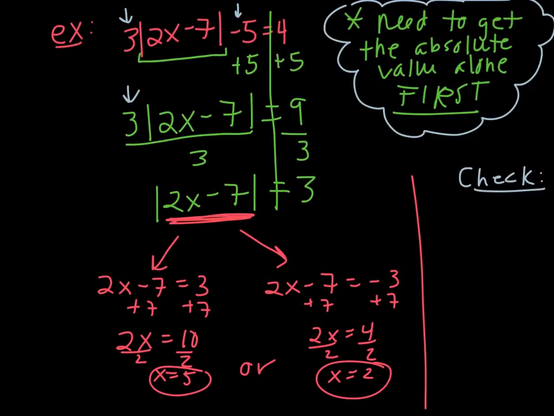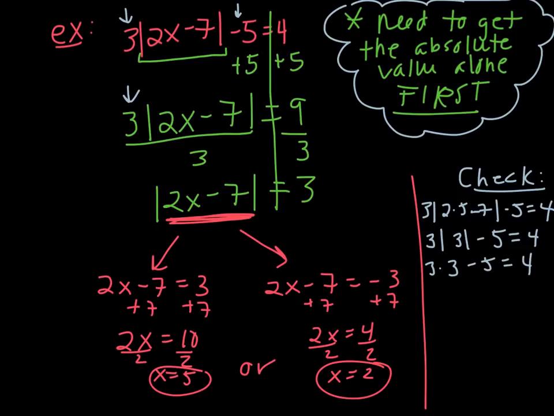So if I plug in 5 to the original equation, I get 3 times the absolute value of 2 times 5 minus 7, minus 5 equals 4. Inside the absolute value, I get 10 minus 7, which is 3. The absolute value of 3 is 3. So I get 9 minus 5 equals 4, which is true.